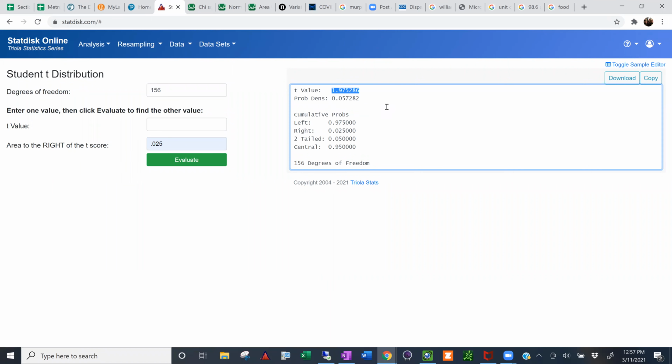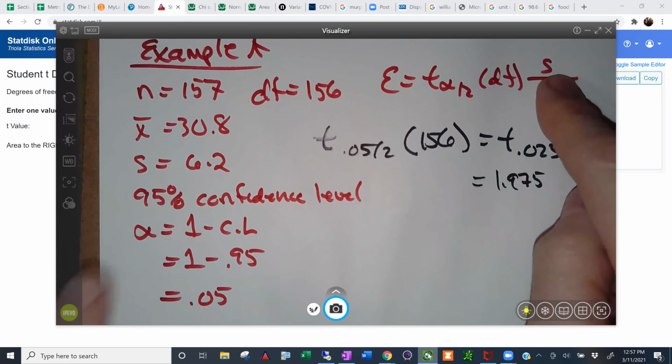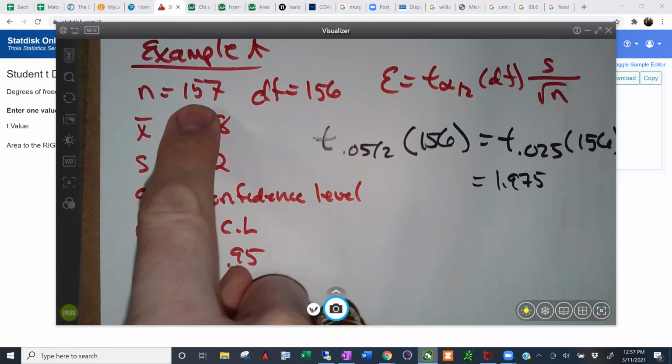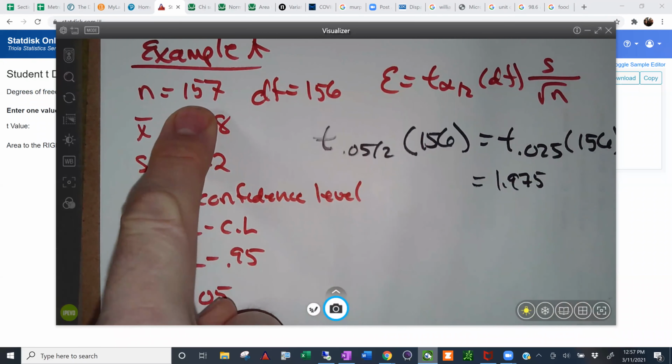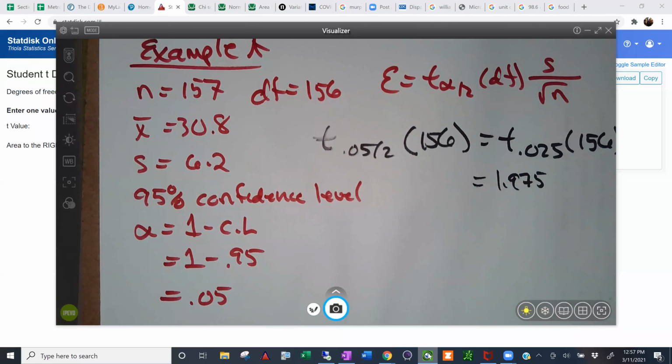If you put that together with the standard deviation and alpha, that should give you the error term. So if I take this and multiply it by the standard deviation divided by the square root of 157, not 156, but 157, that should give you my error term.